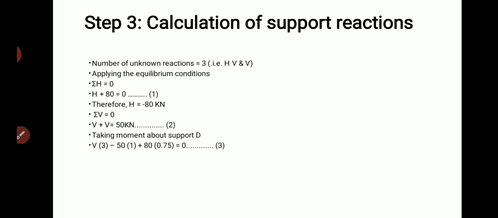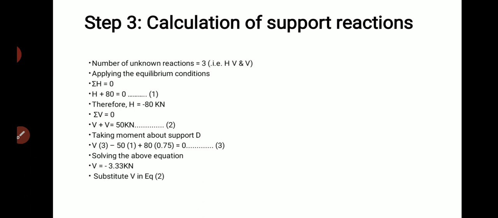So applying the moment at point D, starting from point A, VA into 3 is in the clockwise direction, hence it is positive. The next force is 50 into 1, which is in the anti-clockwise direction, hence it is negative, plus 80 into 0.75. Solving this equation, VA is equal to minus 3.33 kilonewton.